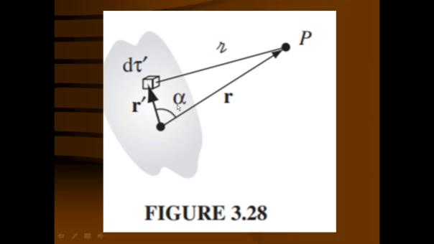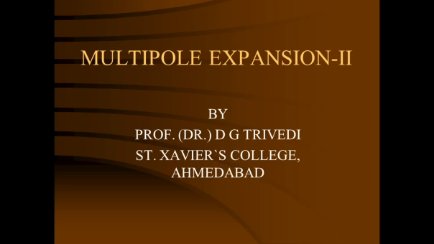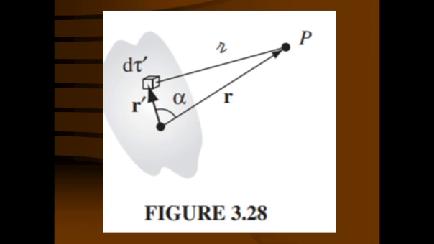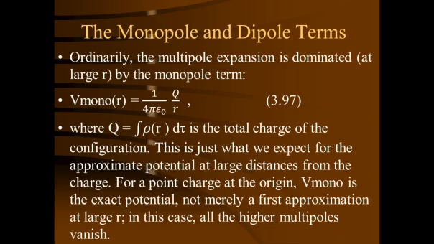Because of that Q, the potential created is 1 upon 4 pi epsilon 0 Q upon r, the distance r from the reference point of the charge distribution. This is the way the monopole contributes potential at a large distance.